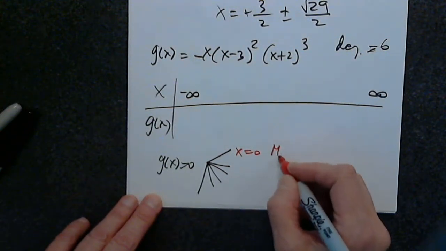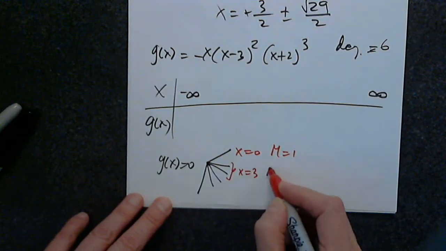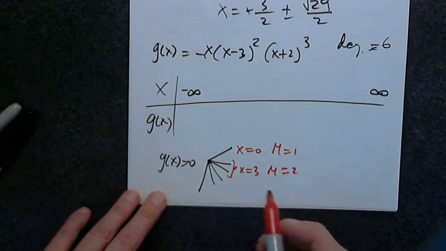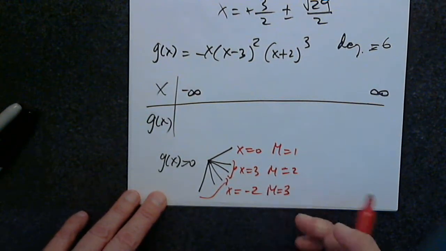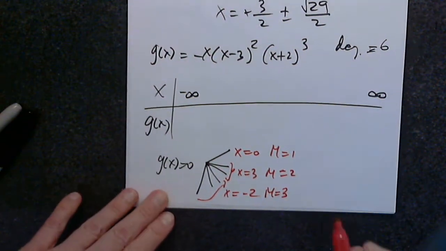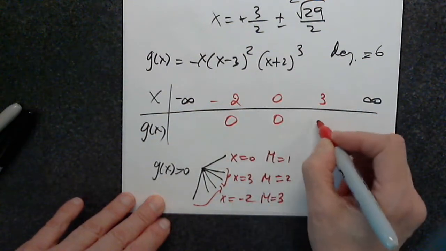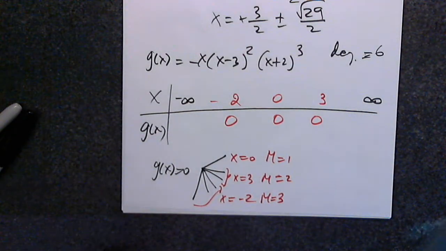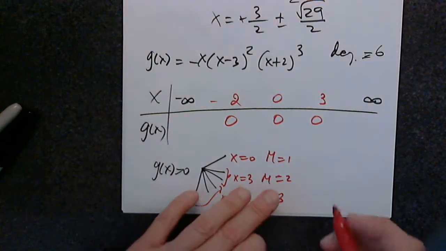0 once, multiplicity 1. x equals 3, multiplicity 2. And x equals negative 2, multiplicity 3. 3 plus 2 plus 1, 6. So I have negative 2, 0, and 3. What does multiplicity 1 mean? So I can put a note up there.